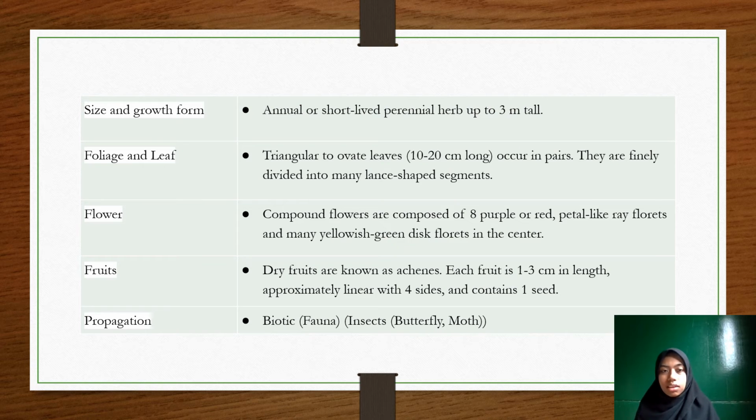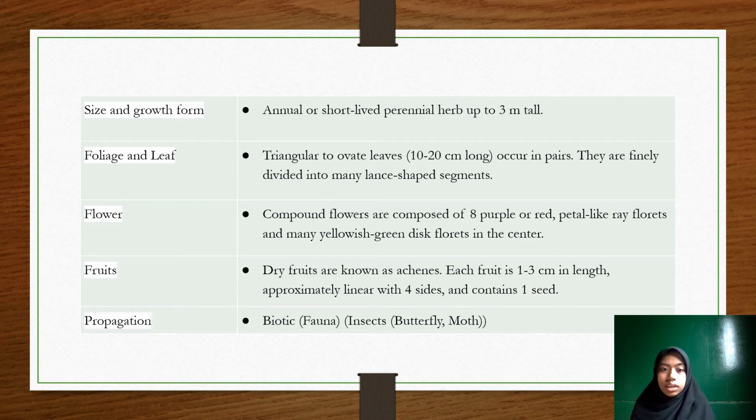On this slide is the characteristic of the plant Cosmos caudatus Kunth. The size and growth form is an annual or short-lived perennial herb up to 3 meters tall. The foliage and leaf is a triangular to ovate leaf and occurs in pairs. They are finely divided into many lens-shaped segments.